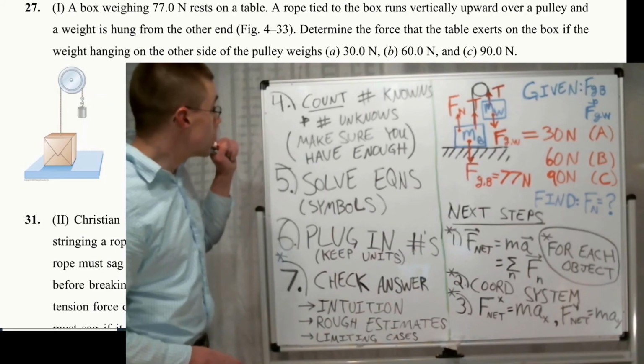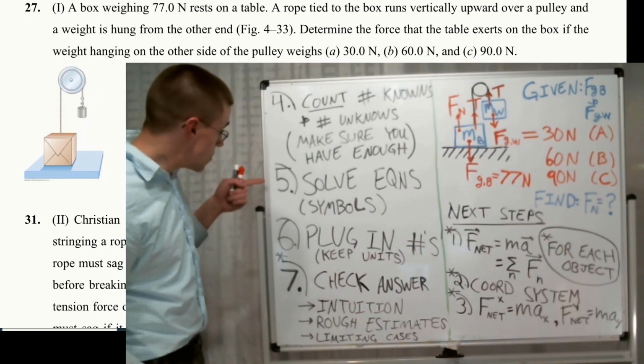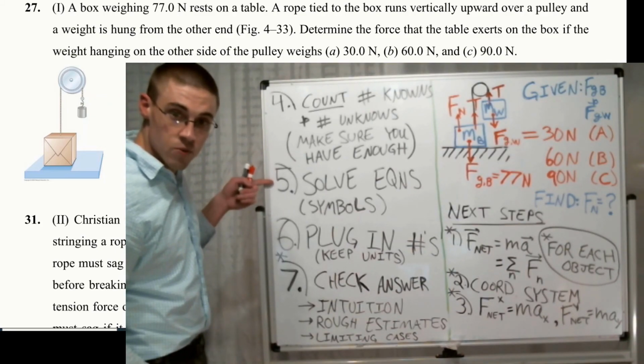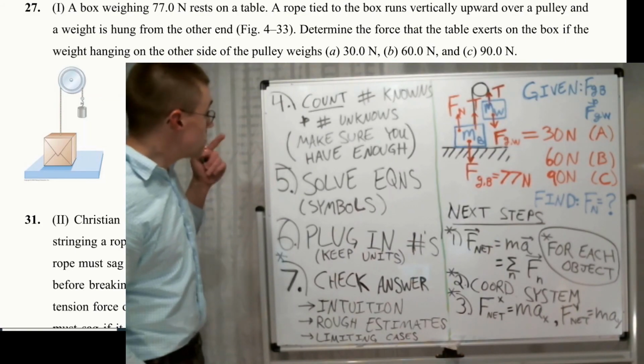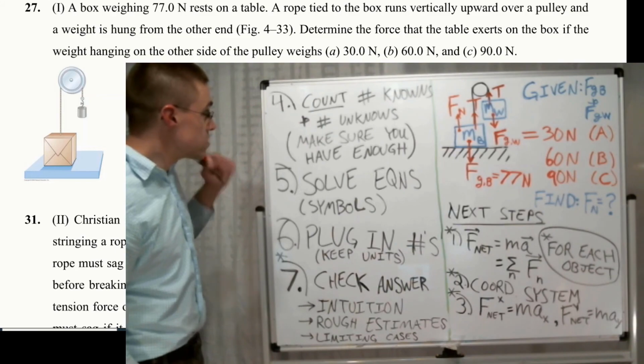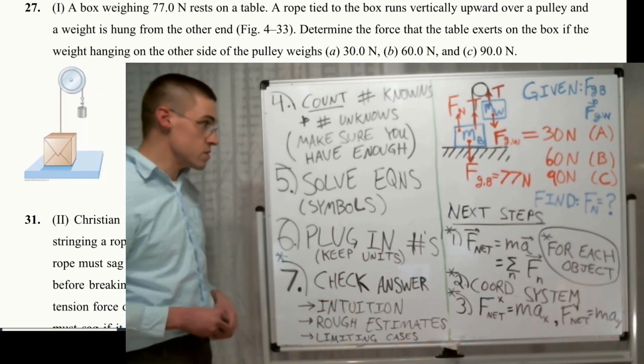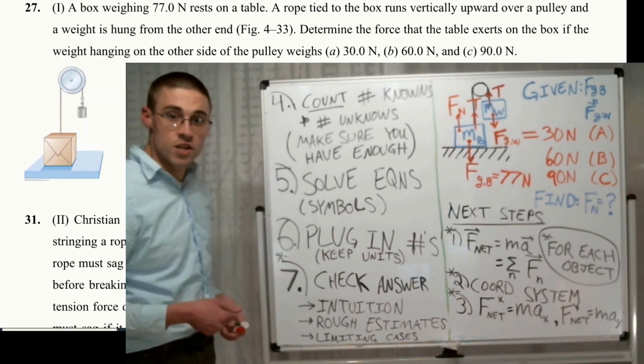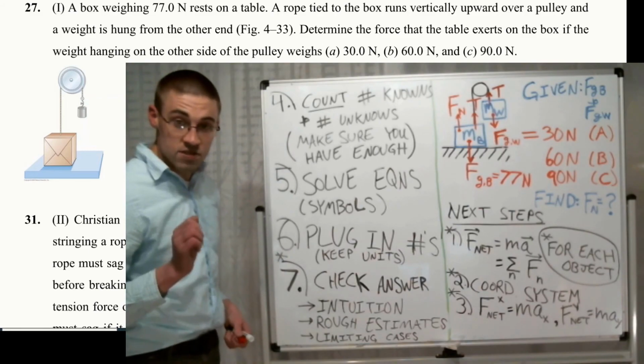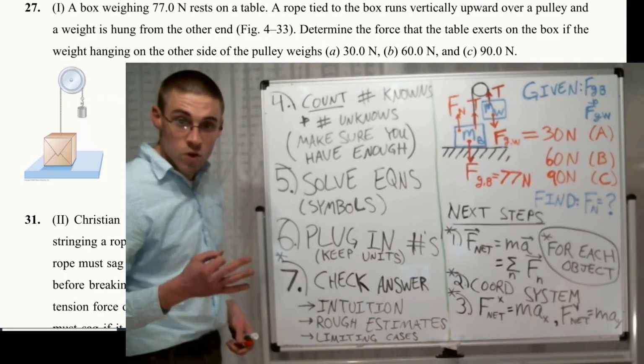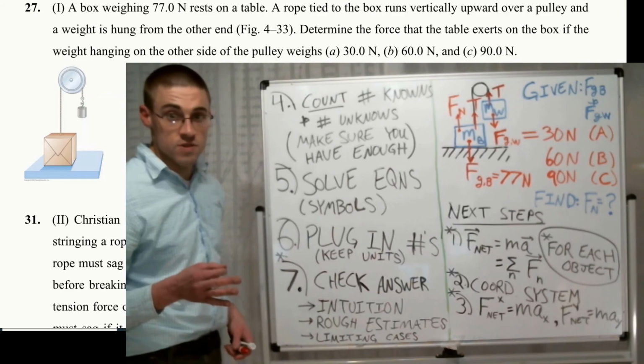And finally, before you start solving your equations and spend some time doing algebra, make sure you count the number of knowns and the number of unknowns, and make sure that you have enough equations, right? If you're going to solve for 3 unknown quantities, you better have 3 equations.